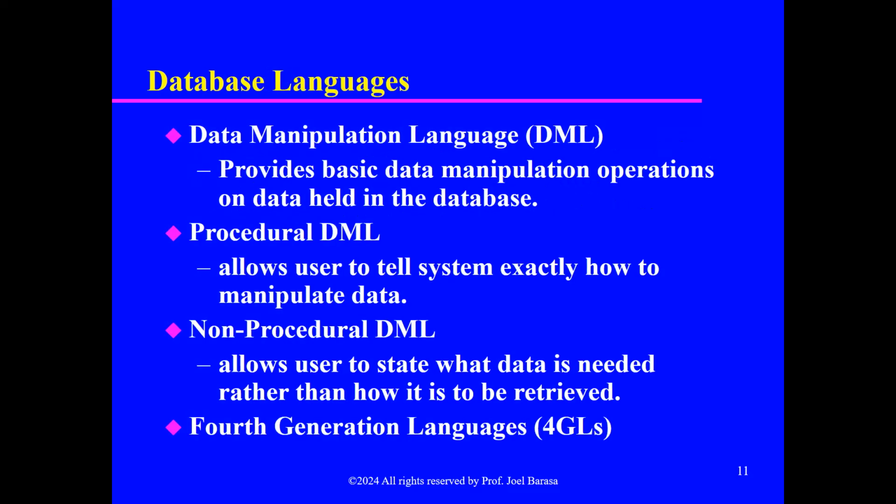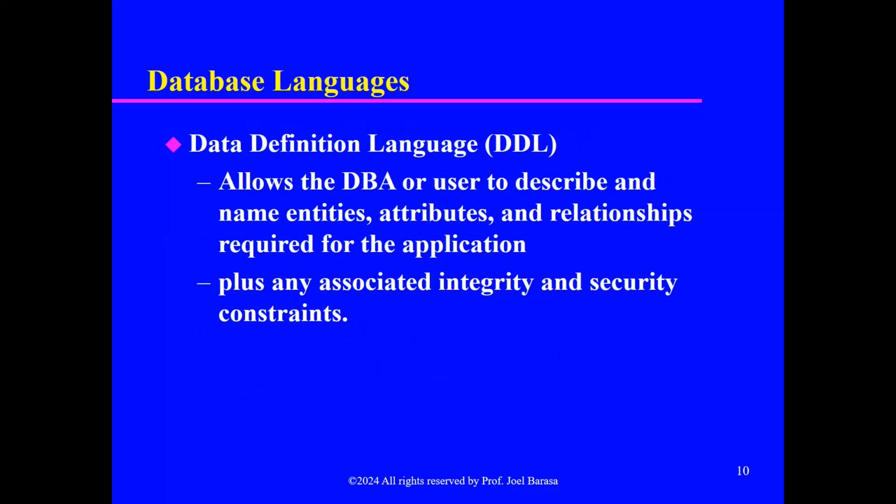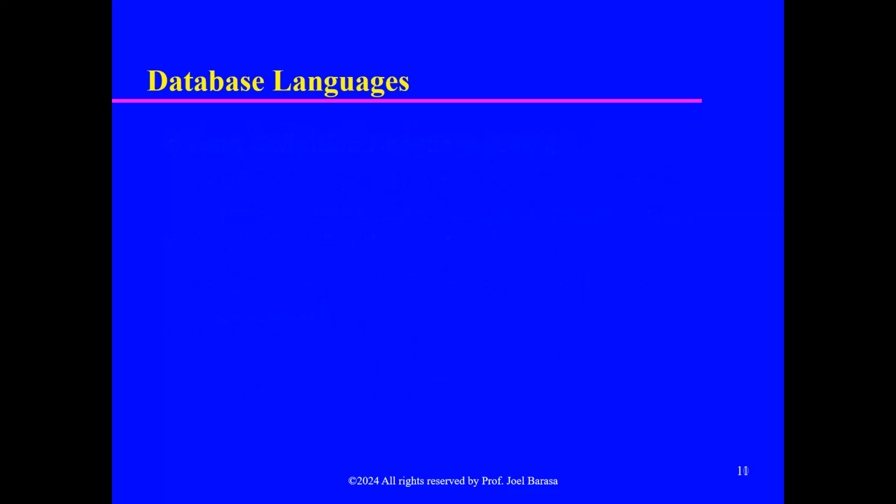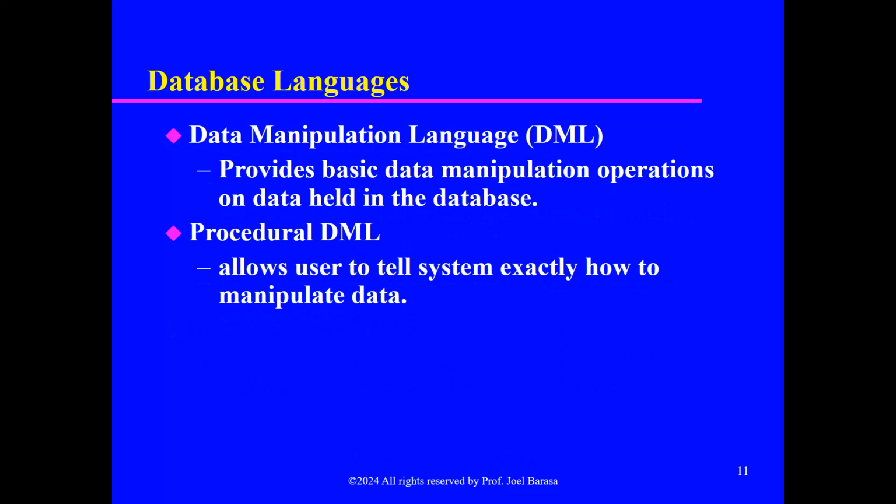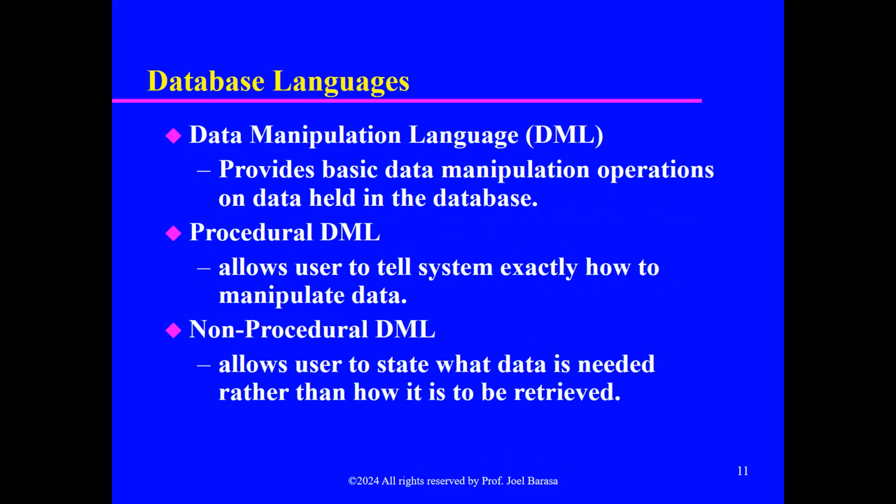You will look at the fourth generation, because it is the current type of database that we are interacting with. Those are the key languages first: DDL, DML, procedural DML, non-procedural DML, and then the fourth generation language.